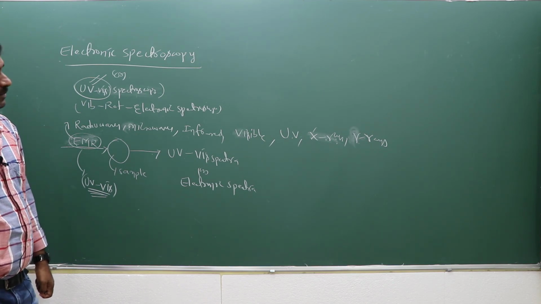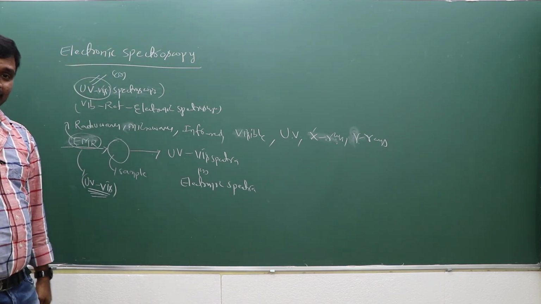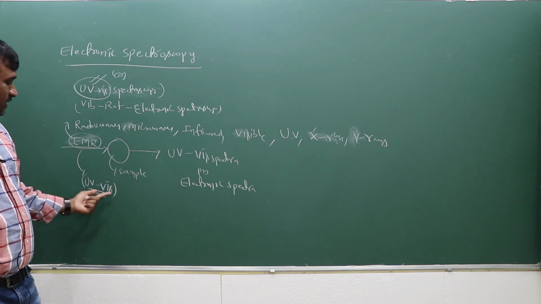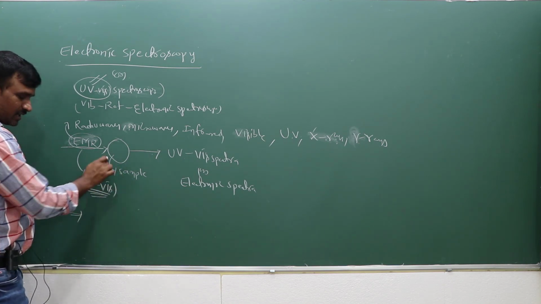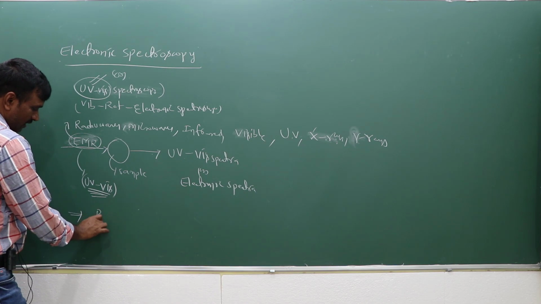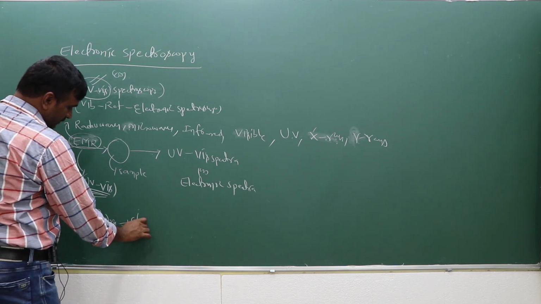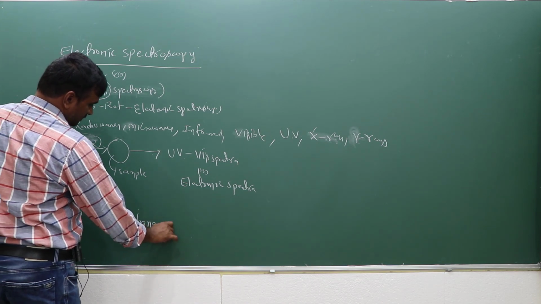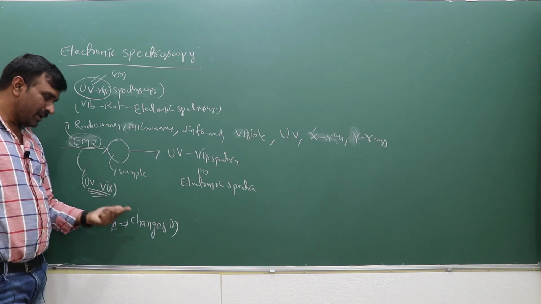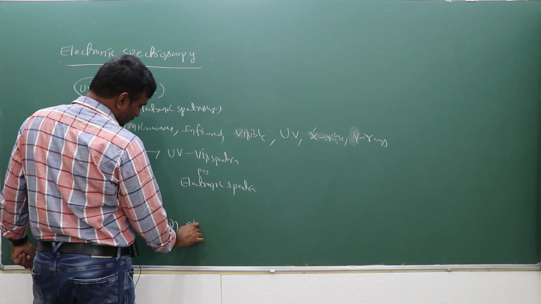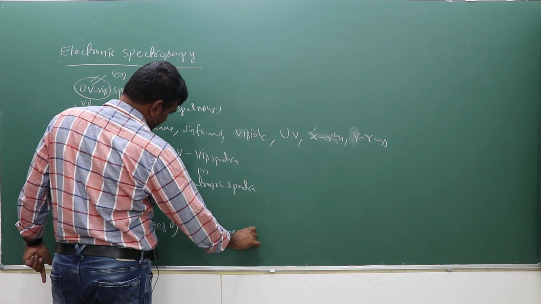Why is UV visible spectroscopy called electronic spectroscopy? What will happen after the sample absorbs the UV visible range of radiation? It brings about changes in the sample: changes in electronic energy levels.